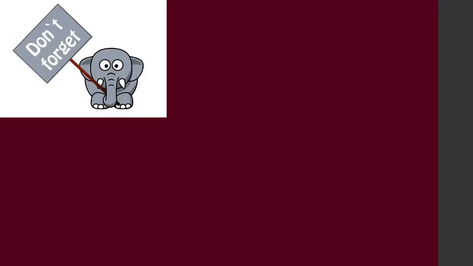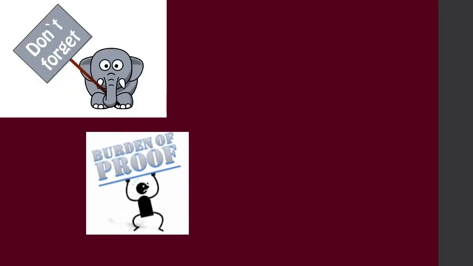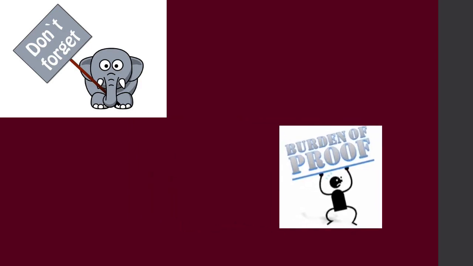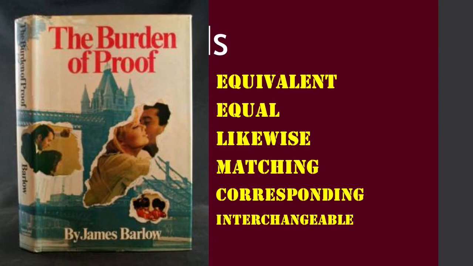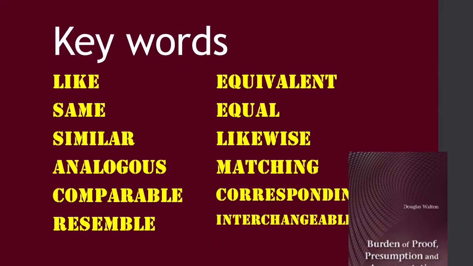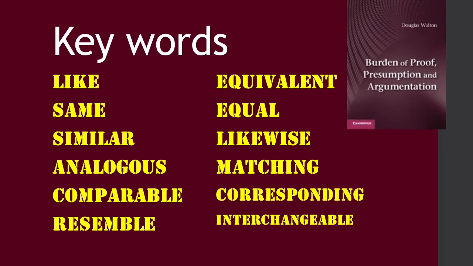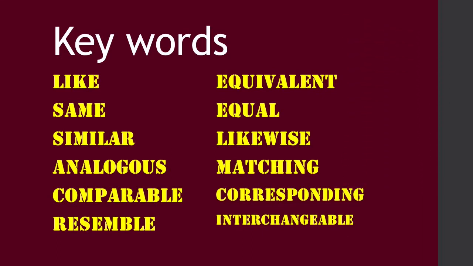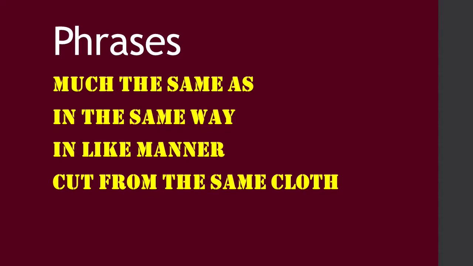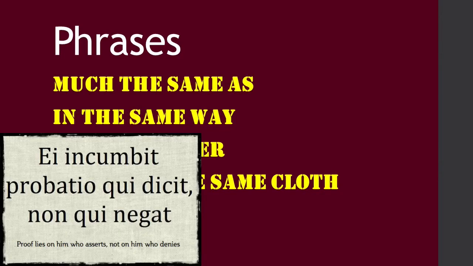Do not forget that the first rule of reason is this: the one stating a claim is the one who has to prove it, whether that is your claim or someone else's. If someone says to you, this over here is like that over there, that person is making an original or positive claim.